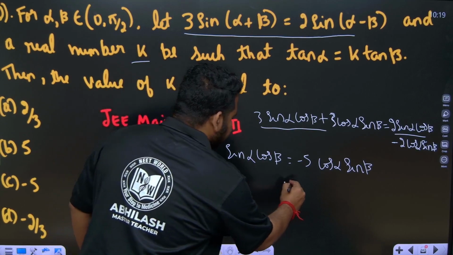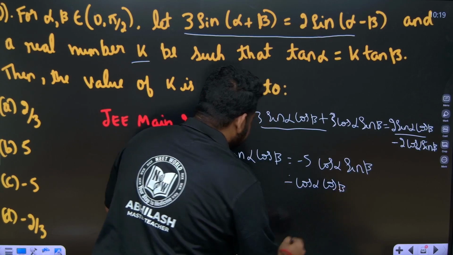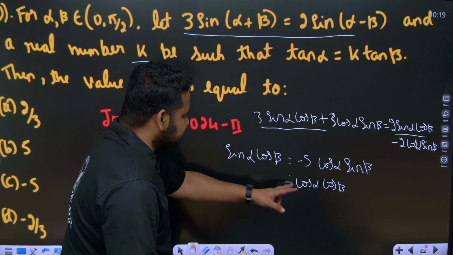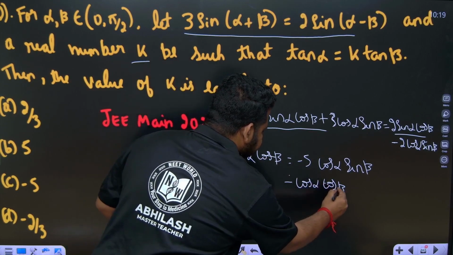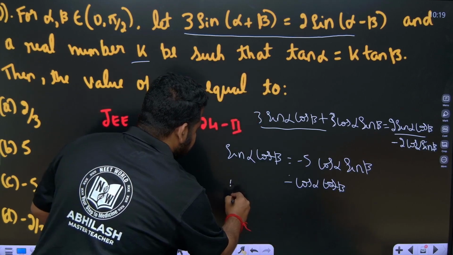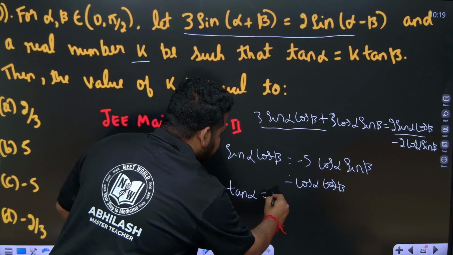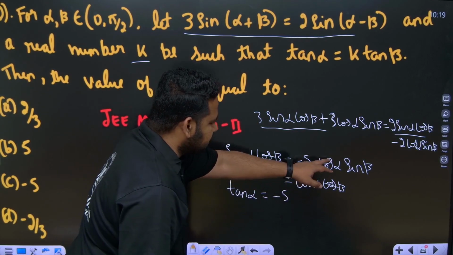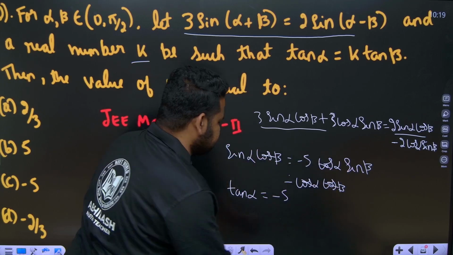If I divide both LHS and RHS by cos alpha cos beta, so see here friends, in LHS sin alpha is there, cos alpha is there, cos beta will get cancelled. So this cos alpha and cos beta will get cancelled. So I will get sin alpha by cos alpha, that is tan alpha, is equal to minus 5 times, here cos alpha will get cancelled, and I will be having sin beta by cos beta, that is nothing but tan beta.